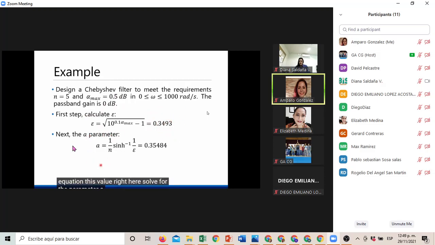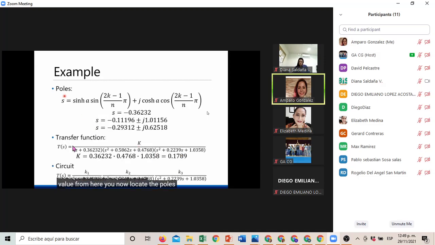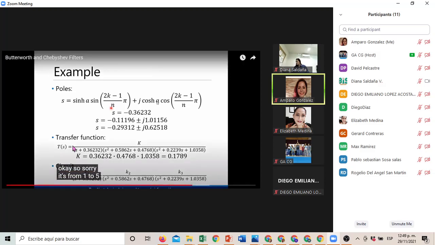Solve for the parameter a, which is defined earlier. It's equal to this value. From here, you now locate the poles of your Chebyshev filter. So substitute a, and your value k here is from 1 to 5.